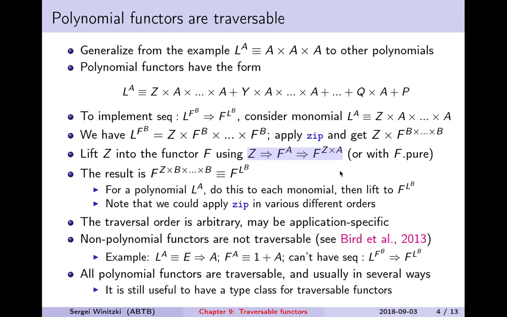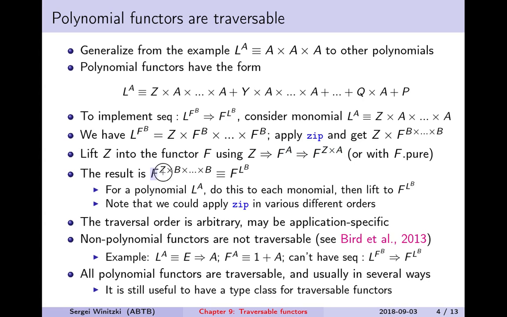This function is always possible for any functor f. Alternatively, we can do f pure of this z, and then this will become fz, and then we can zip it together with all others. But the result will be exactly the same as using this function because of the law of identity for applicatives.